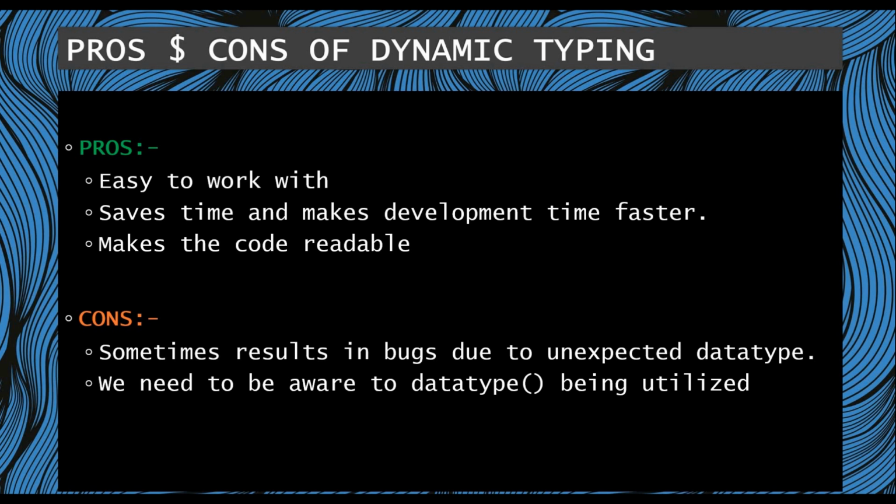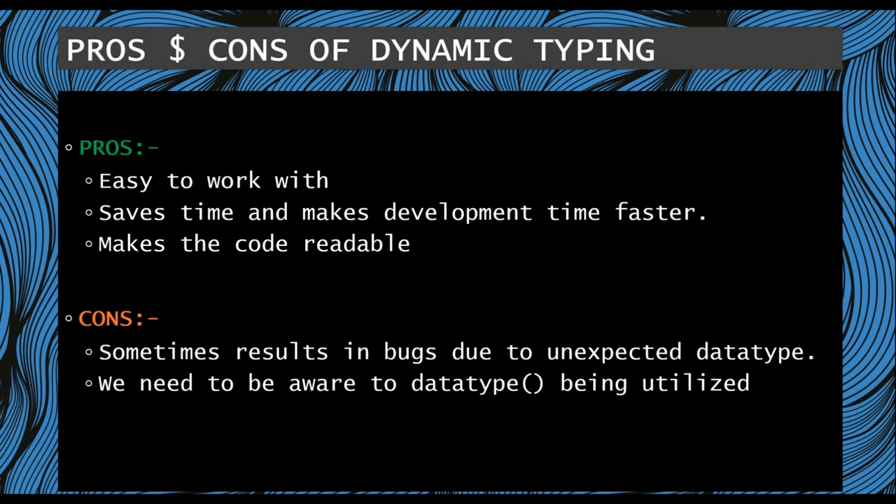Now as a coin has two sides, this also has the same thing. The pros that we mentioned can also be cons in some cases, as it may result in some bugs. These bugs may arise due to unexpected data types, because we do not have any restrictions for data types in place, especially in the case of user input. We might forget while writing a program what data type we initially used.